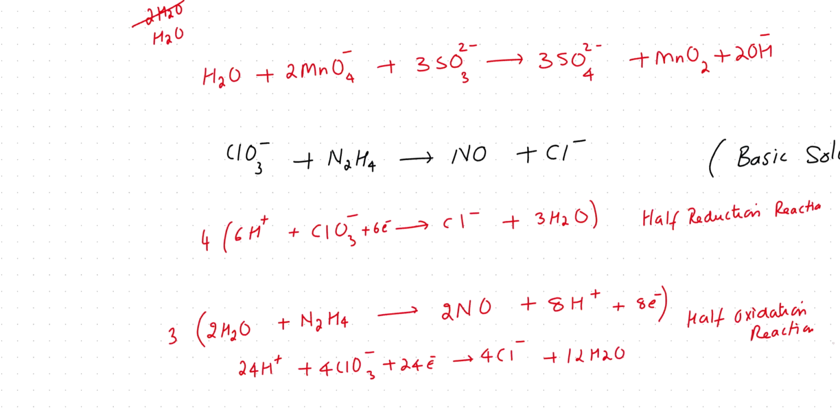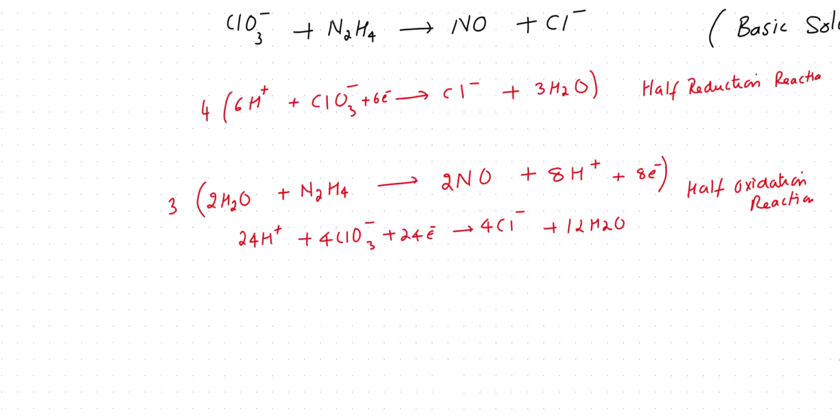So 3 times 2, 6 water molecules, and 3 N2H4 gives 3 times 2, 6 NO, plus 3 times 8, 24H+, 8 times 3, 24 electrons.